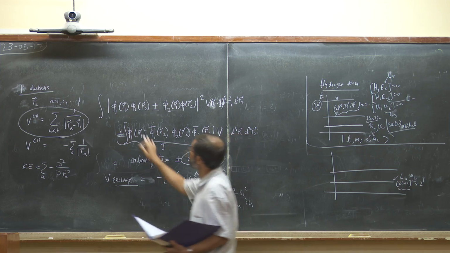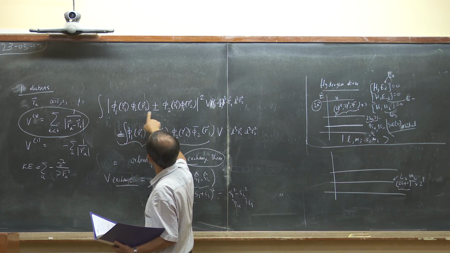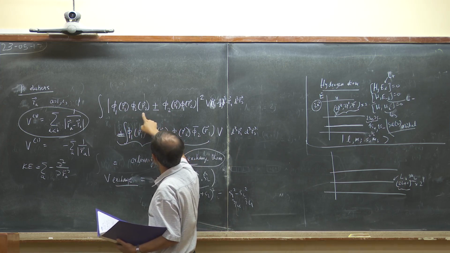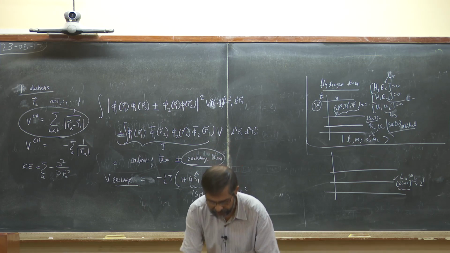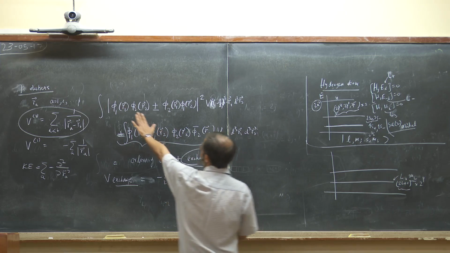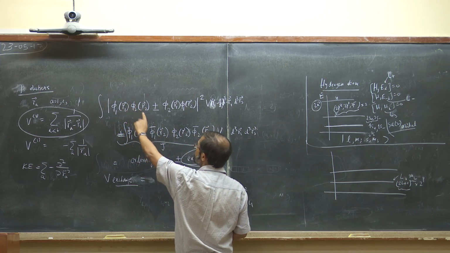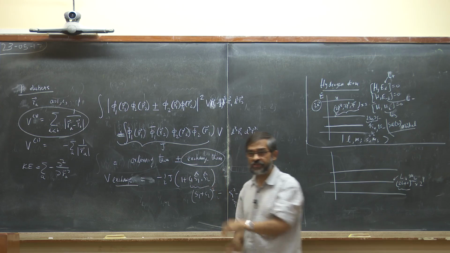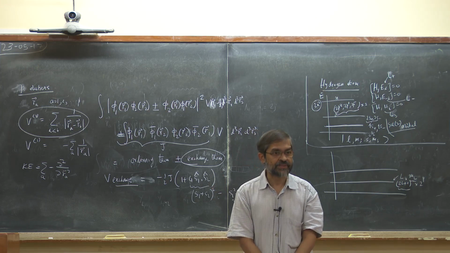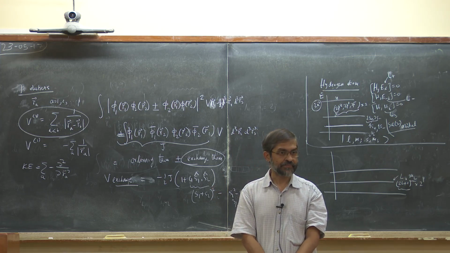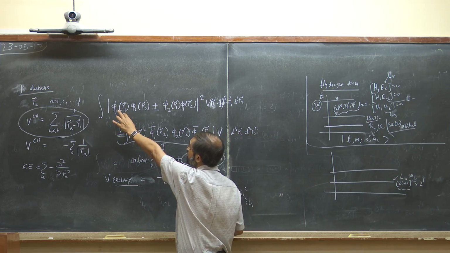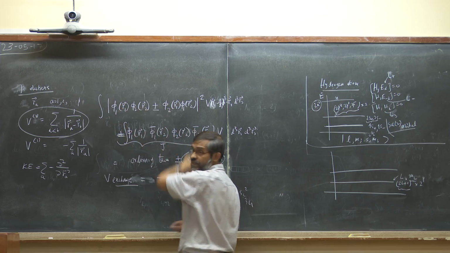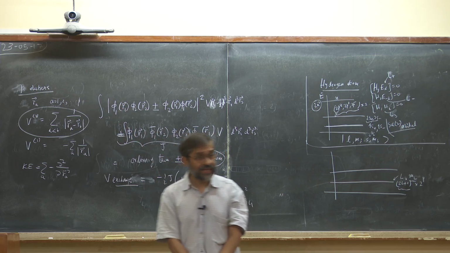I should say one bit of group theory here, which is that when you have an antisymmetric exchange of these particles, maybe I was not clear enough here. Both plus and minus combinations are allowed combinations, depending on whether the quantum numbers allow that.